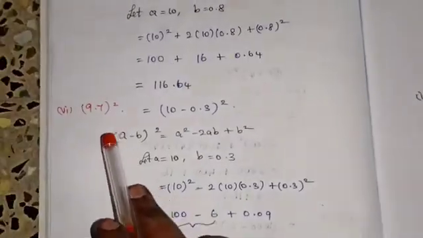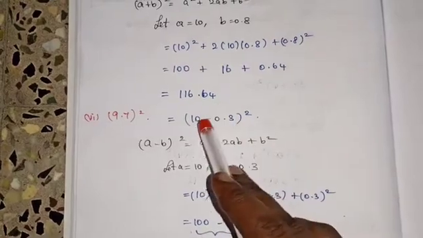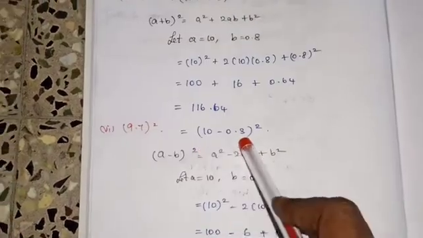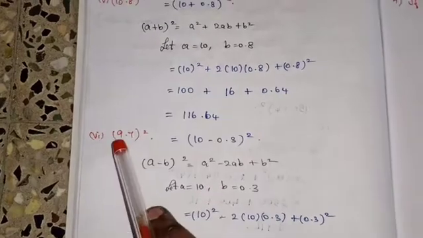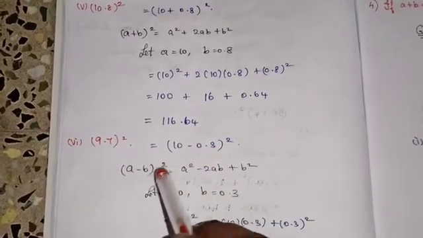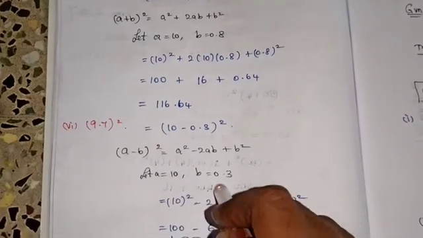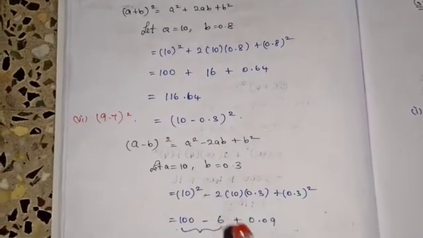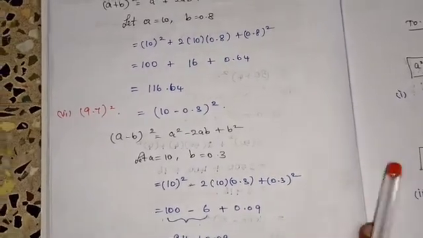The same method: 9.7 the whole square is nothing but 10 minus 0.3, because with whole number subtraction and addition you easily find the answer. So 10 minus 0.3 is 9.7. It is like (a - b) whole square. Let us consider a is equal to 10, b is equal to 0.3. So 10 whole square minus 2 into 10 into 0.3 plus 0.3 the whole square.